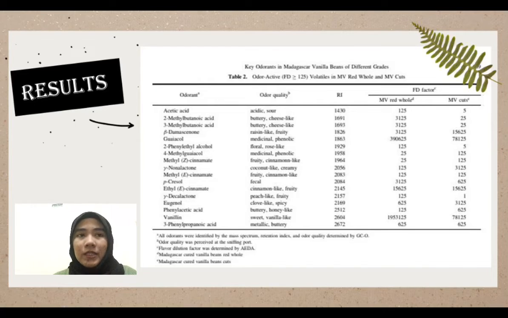For the methyl cinnamate, it has 125 for the MV red hold, and for the MV cut, it has 125 too. For the p-cresol, it has 3125 MV red hold, and for the MV cut, it gains 625.